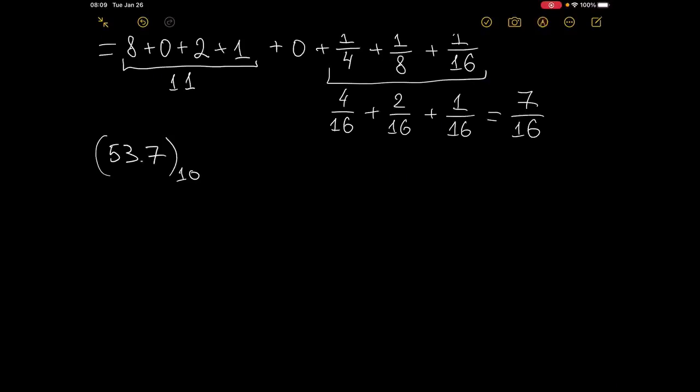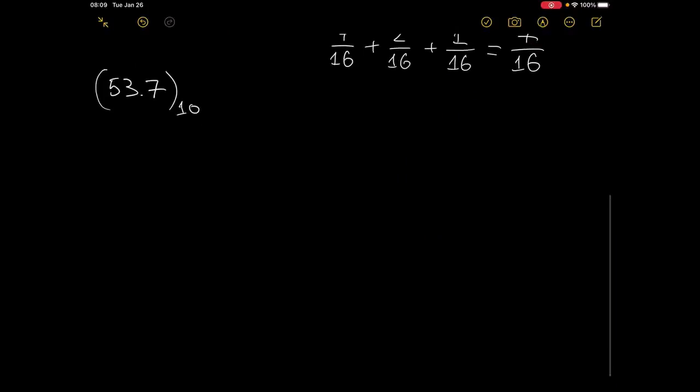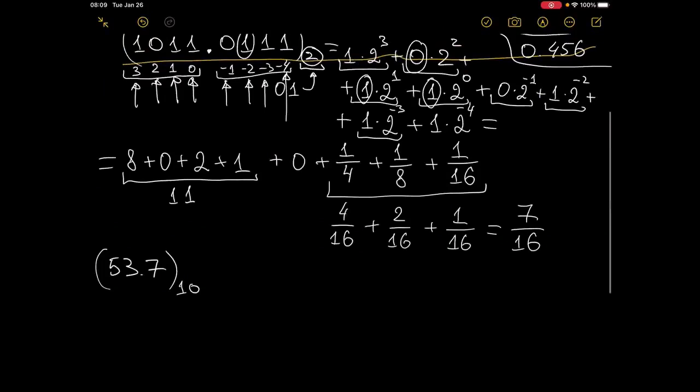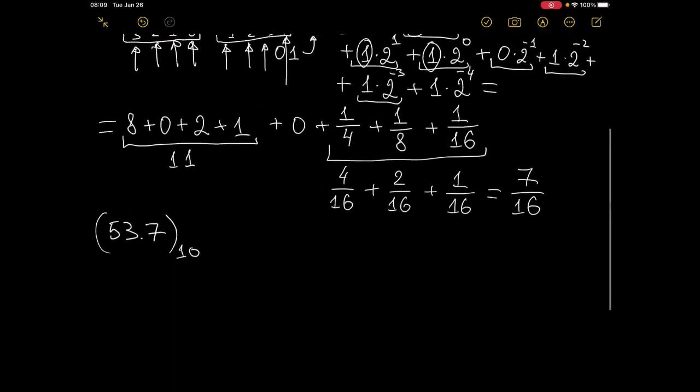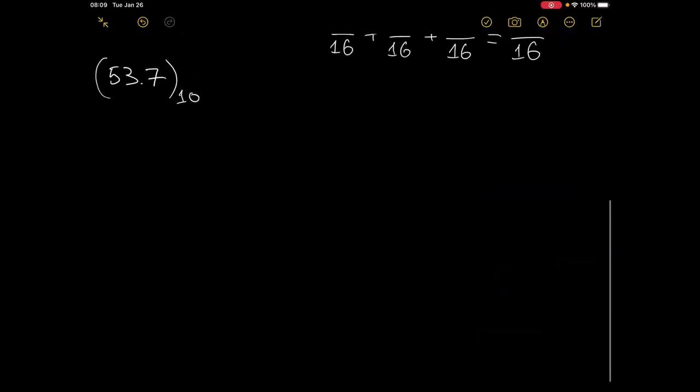So in order to convert it to the binary form, we just separate the integer and fractional parts. So, for example, 53. First, we consider the integer part, 53.